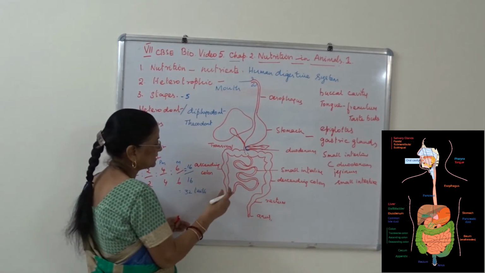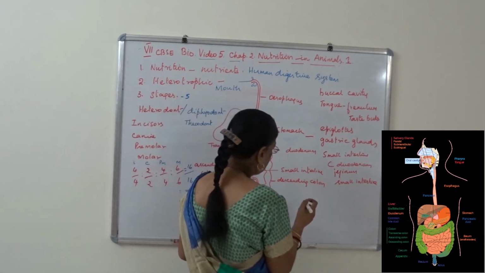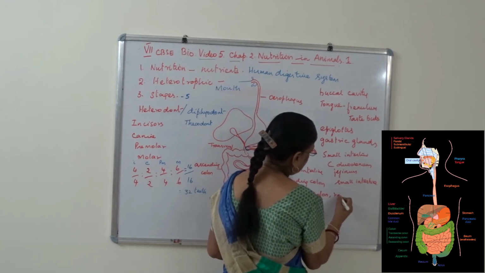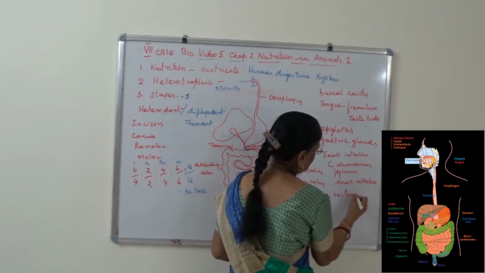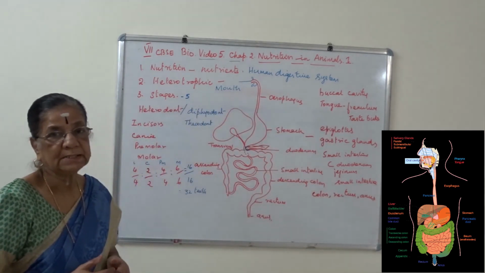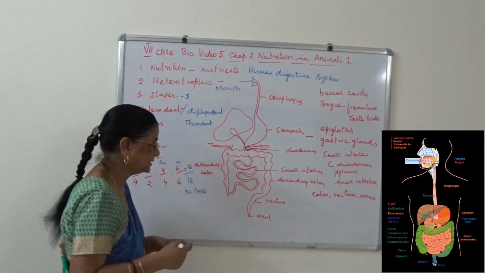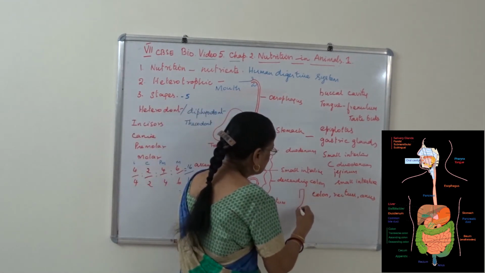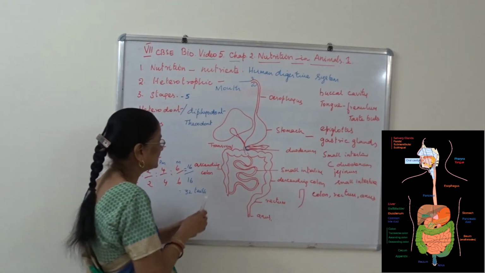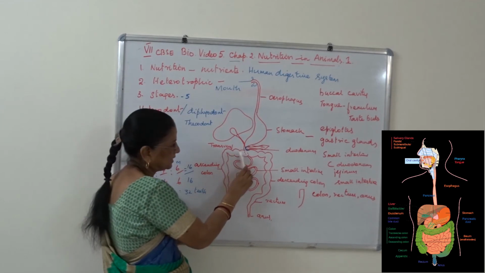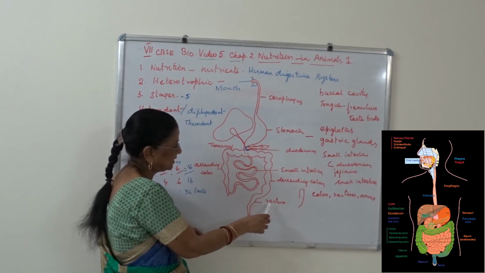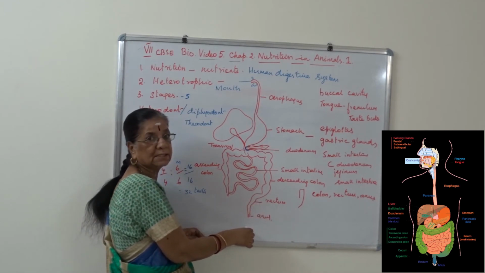And then this small intestine is continued as the large intestine. Before it opens, the large intestine is further divided into colon, rectum and anus. The colon is a somewhat J-shaped structure, with ascending colon, transverse colon and descending colon, continued as rectum opening into anus.